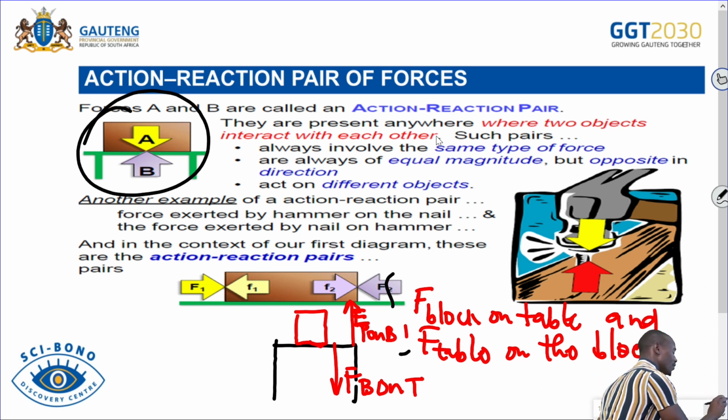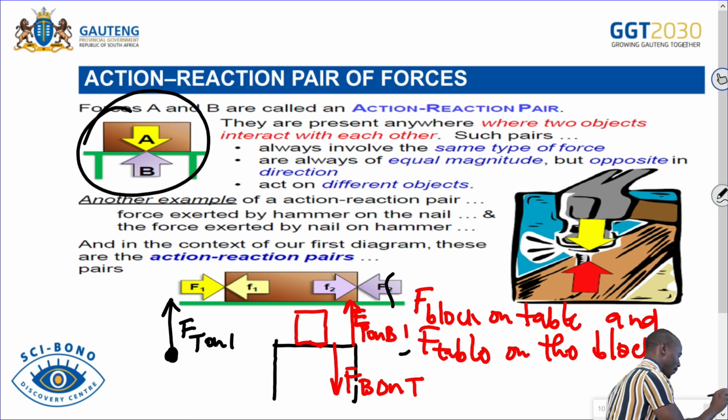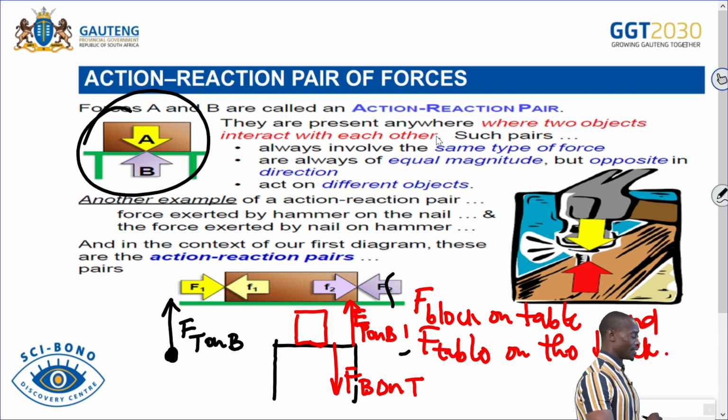I'm trying to draw a free body diagram here. If this is the block, the force exerted by the table on the block is this one. You can see it's acting upwards.